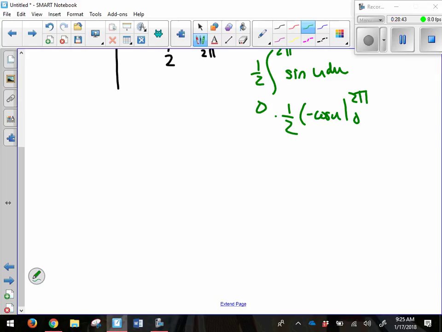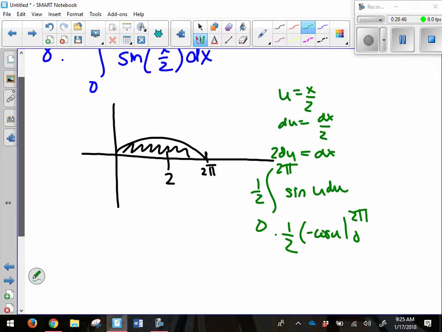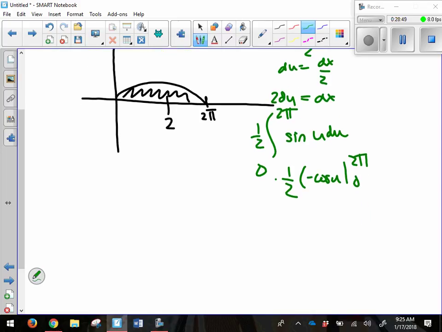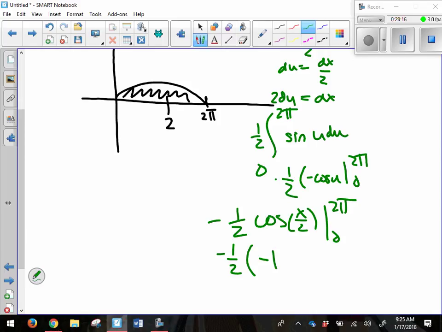What did I do wrong? That's 1/2. The antiderivative of cosine is negative sine. Oh, because I didn't put it back in. That's what I did wrong. So that's going to give me the cosine of pi, which is -1, minus the cosine of 0, which is 1.